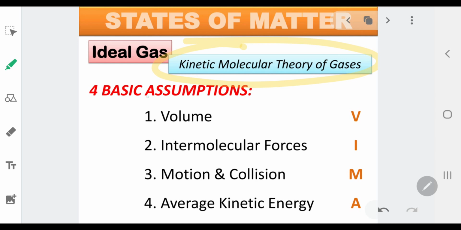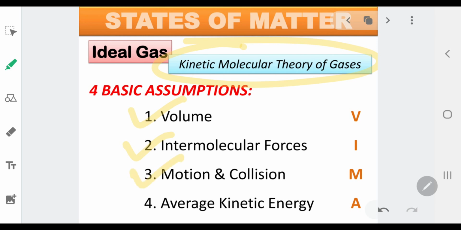The most important one is going to be volume. We talked about it just now. So the volume of ideal gas is too small, therefore it's negligible, and therefore the volume of the ideal gas will be equivalent to the volume of the vessel. And then the intermolecular forces between the gas molecules, ideal gas molecules, can be ignored.